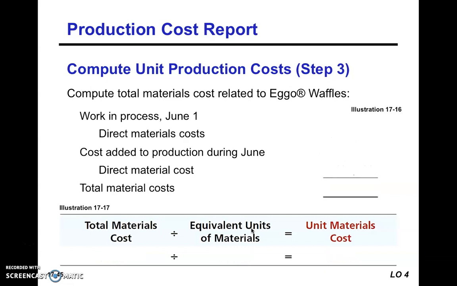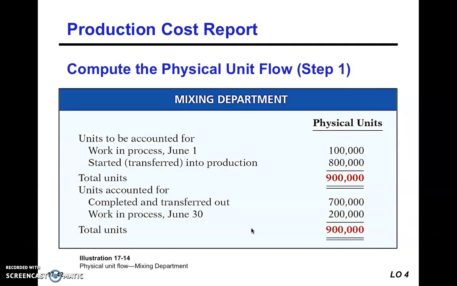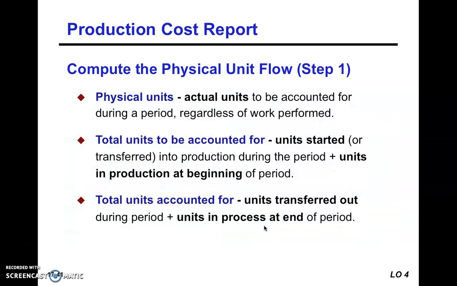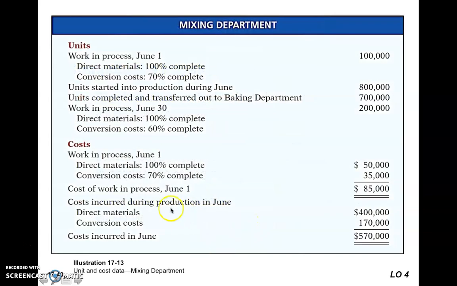Now, going back to the data that they gave us, how much was the cost of conversion? Conversion for beginning work in process was 35,000. Conversion cost for units started into production was 170K. Add them together, that's $205,000.